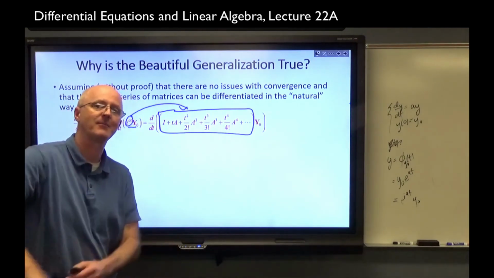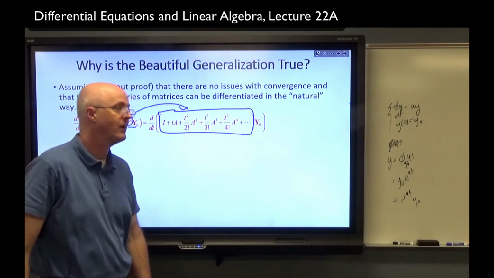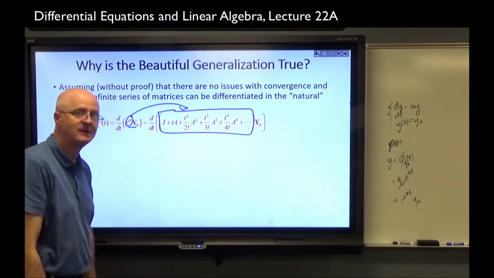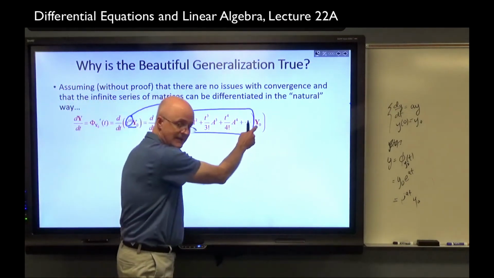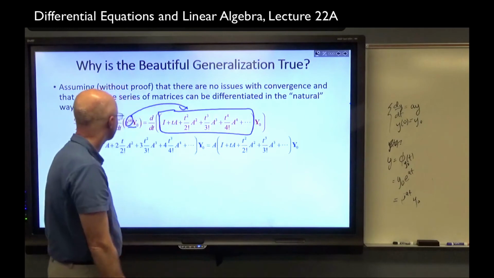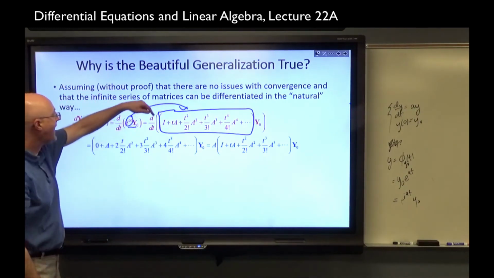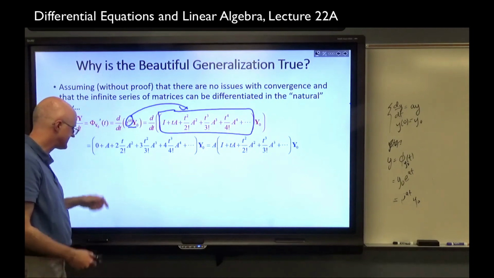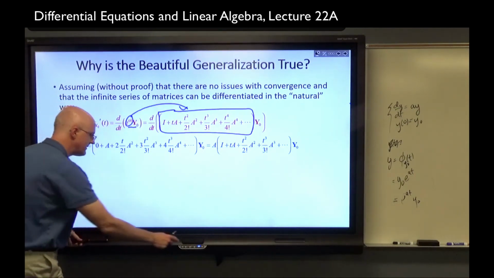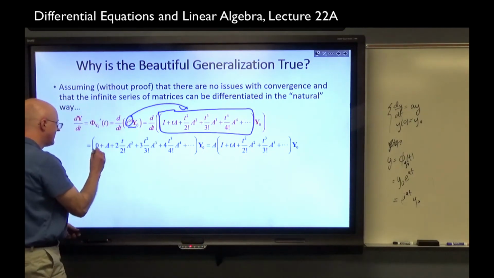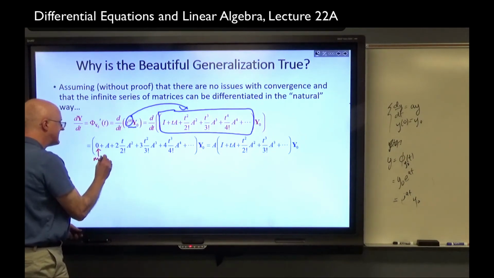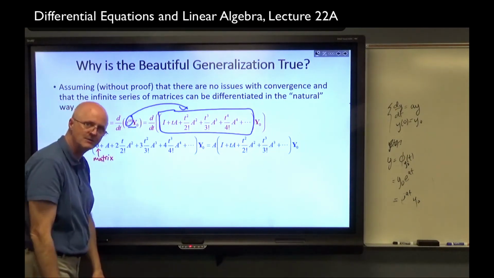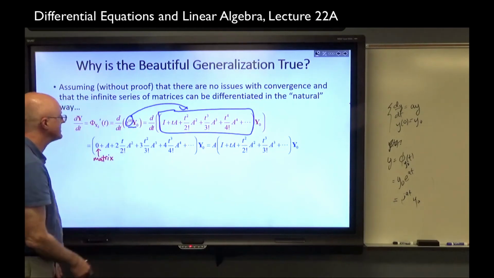That's stuff that I'm putting under the rug and not worrying about. What would happen if you differentiate term by term and keep the y0 as a constant out over there on the right? You'd get this. I doesn't depend on t. Its derivative is 0. That's actually not the 0 number or the 0 vector even. That's the 0 matrix, the n by n matrix with all zeros, because all these things are matrices.